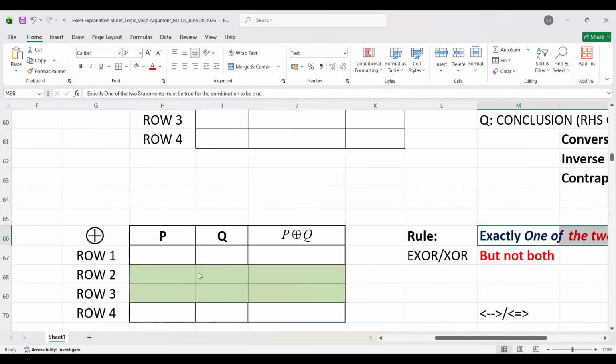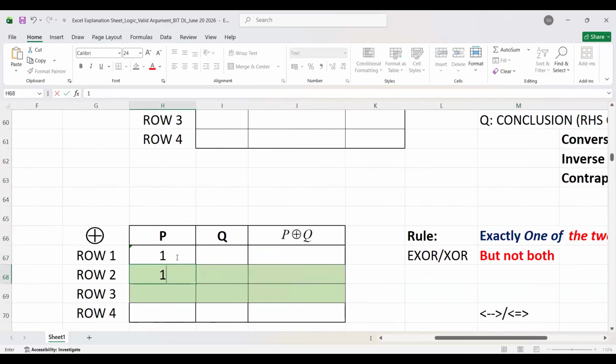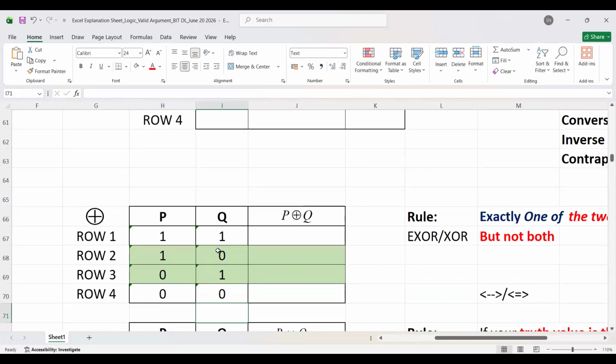So on this table, which row do you have exactly one to be true? Row 2 and 3. So that is the only place where the truth value of P exclusive or Q will be true. When both are true it will be false. When both are false it will also be false.